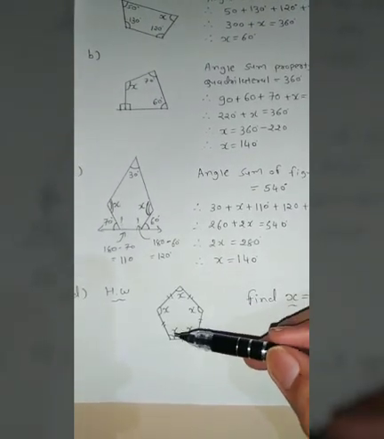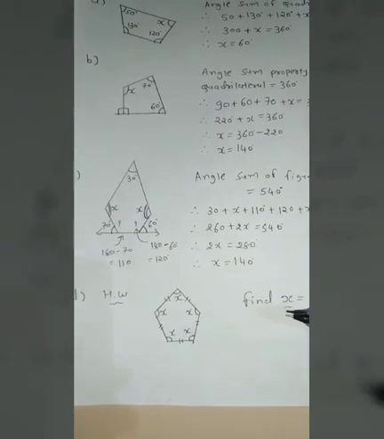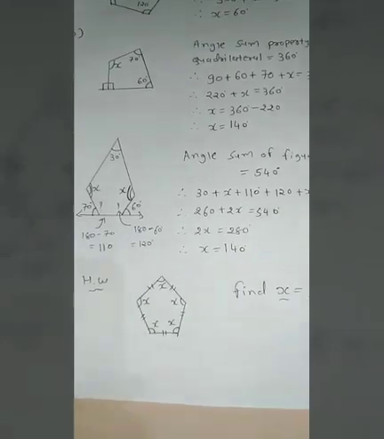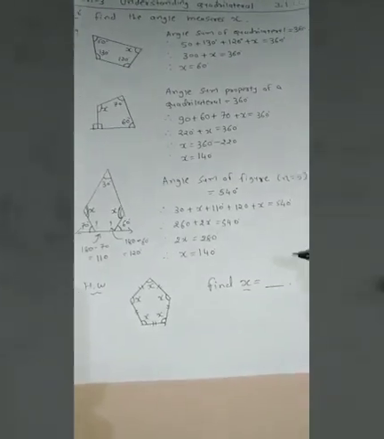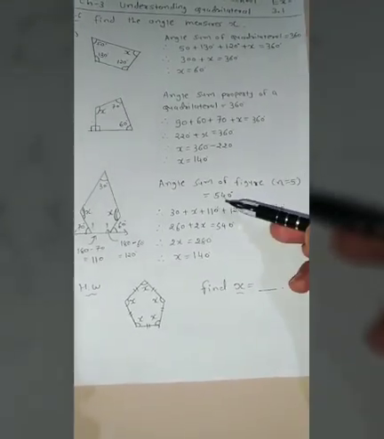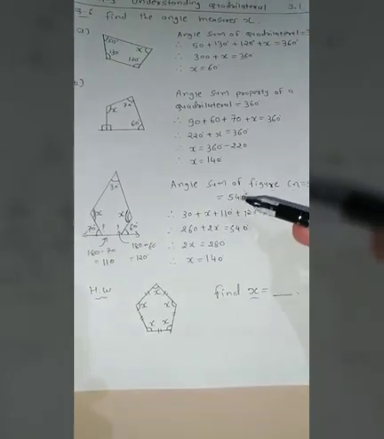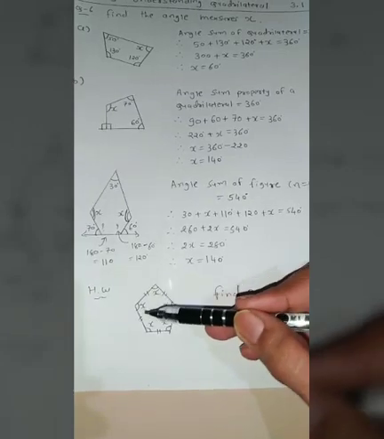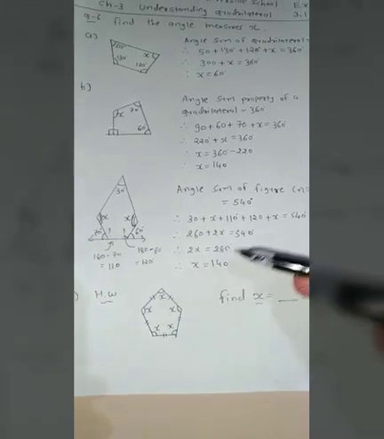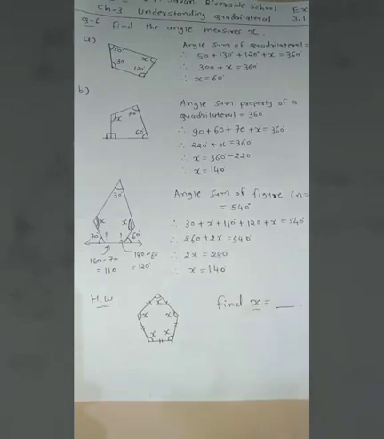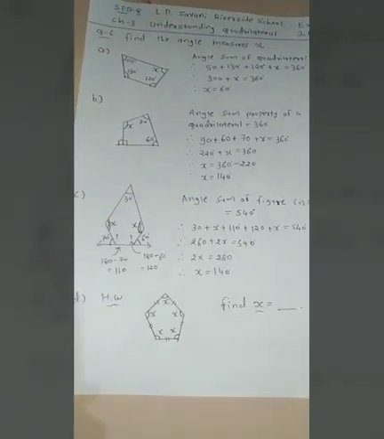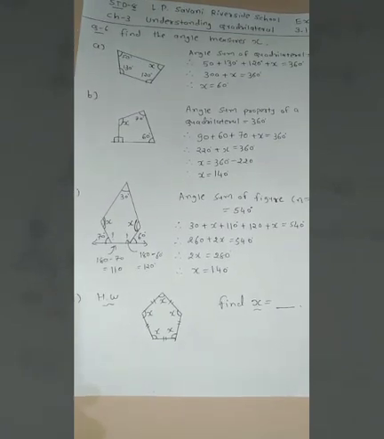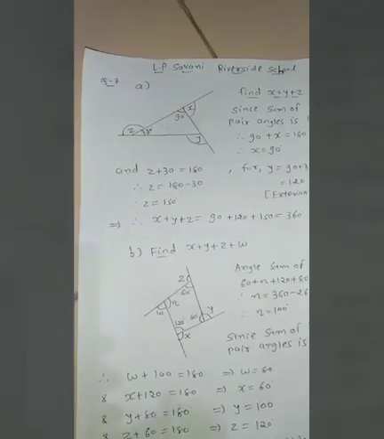For n equal to 5, it gives 540, and this makes the summation of these 5 angles equal to 540. This is the hint for your homework. So what x is equal to, that is for you to decide.